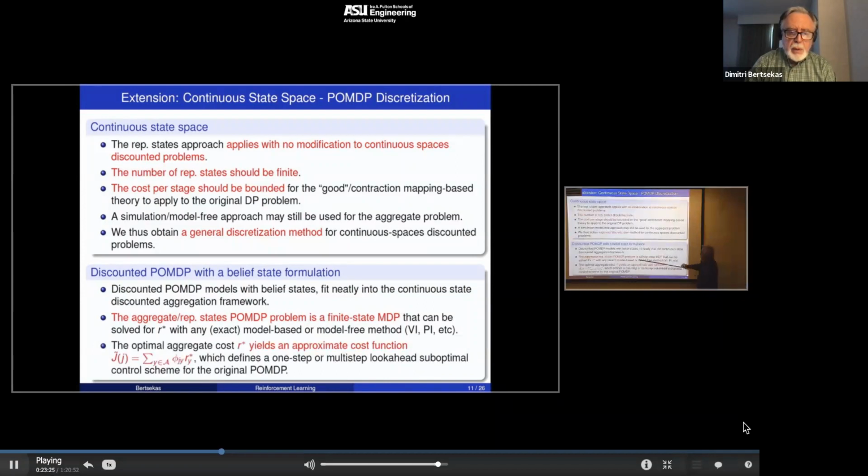And after we solve this discretized POMDP problem for the optimal aggregate called R star, then we obtain an interpolated approximate cost function. That's a powerful method, actually, to solve POMDP with relatively few states. It has been addressed in the literature for quite some time, but people don't like it very much. They look at other methods, whereas very often this type of method applies very nicely.